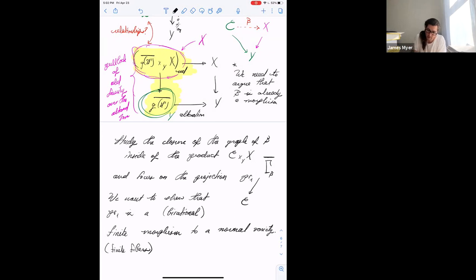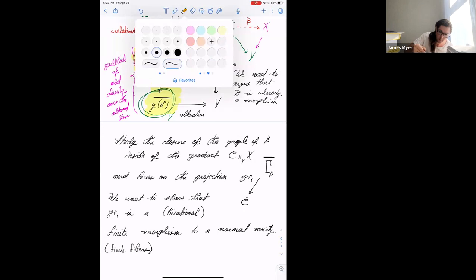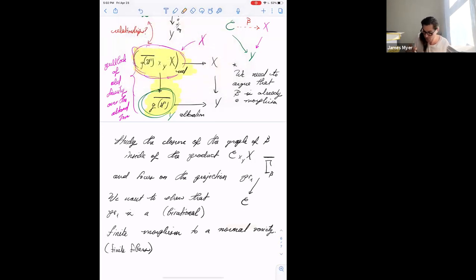And then I just want to say a few words, but I won't get into any detail about why you can assume this is normal. What you do is you make the base of C normal by taking the normalization.